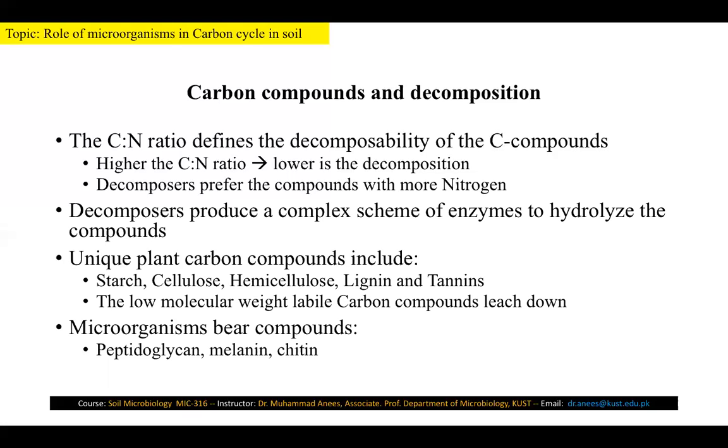So all these compounds are coming from the plant. Along with that, there are microorganisms which also produce a number of carbon compounds that are deposited in the soil, including peptidoglycan, melanin, and chitin.